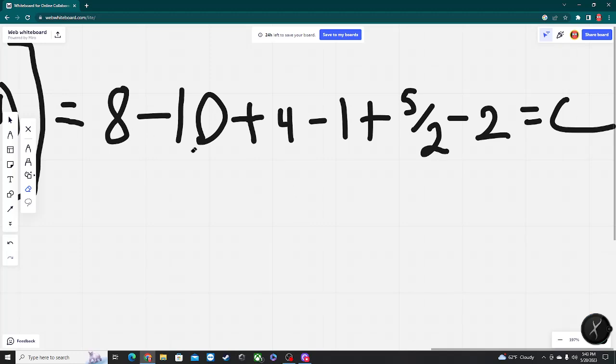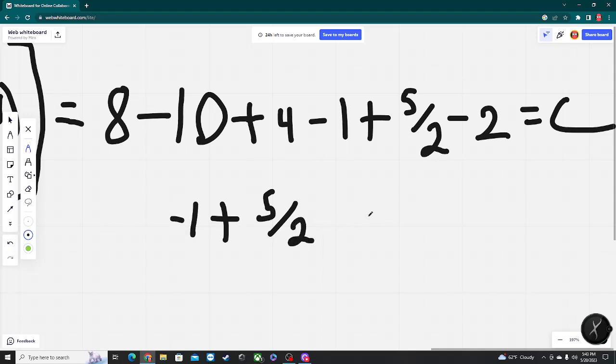So I'm going to just continue solving this problem. We have 8 minus 10, that's negative 2, plus 4, that's 2, minus 2, that's nothing, and then minus 1, so we have the value minus 1. And now we have minus 1 plus 5 over 2. So what is minus 1?